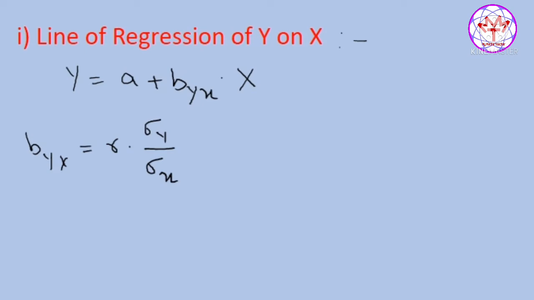Now we'll substitute the values. r is equal to 0.6 into sigma y, that is 6, upon 5. So we get 0.6 into 6 is 3.6 upon 5, so that is equal to 0.72.